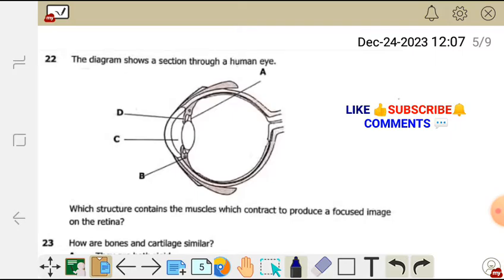Suspensory ligament holds the lens in place. But we have the ciliary muscle here, ciliary body, which contracts. When it contracts, it produces a focused image on the retina, which is somewhere there. D is the iris, and then we have the pupil here on C, but B is the one which contracts. So the correct answer here is B for question 22.